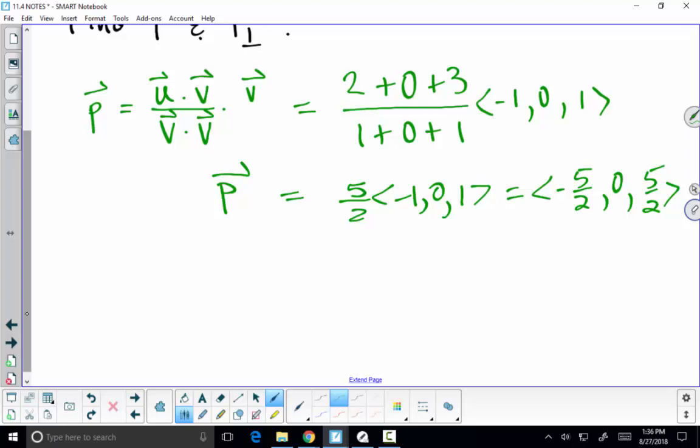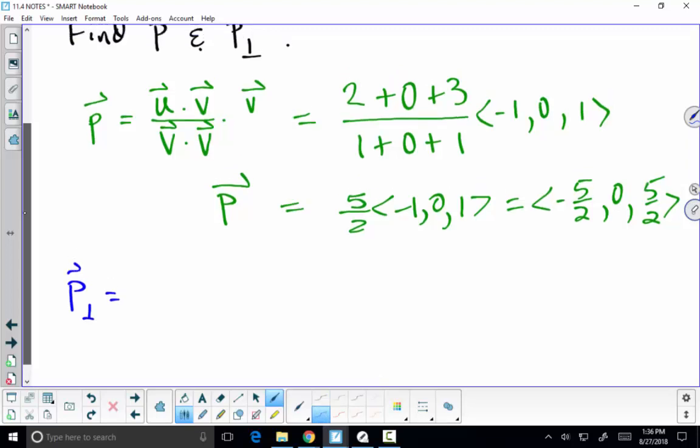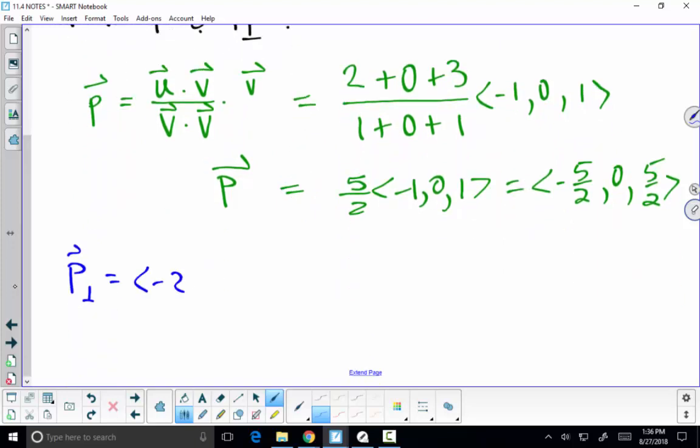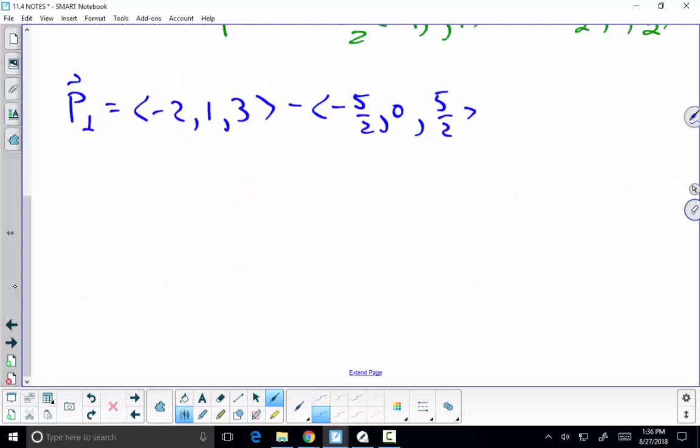One half, one half. All right, and then P perp is gonna be the original vector U, wherever it is, -2, 1, 3, and we subtract off that vector. If you can subtract correctly with fractions, you probably got it right.